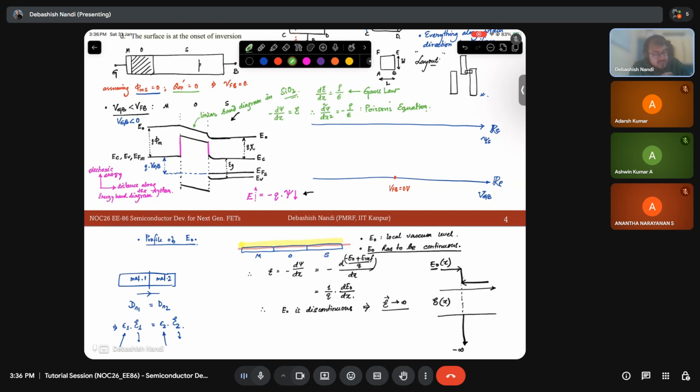Now if rho is 0, in this case no charge is present, then d squared psi by dx squared is equal to 0. Then how will your psi look like? Just tell me the profile.